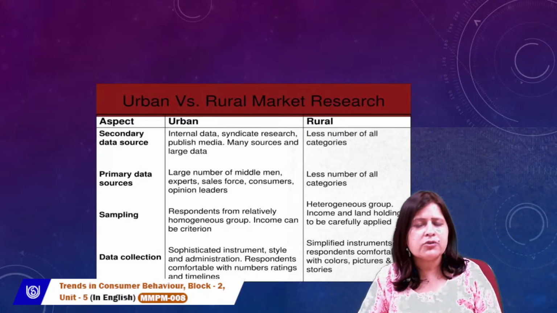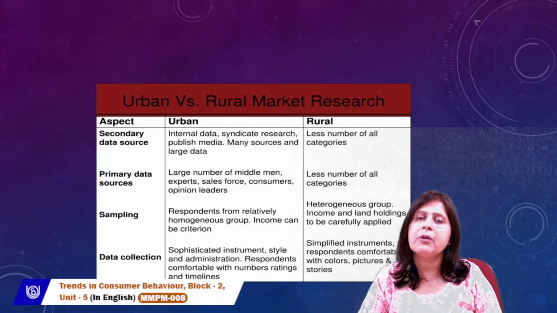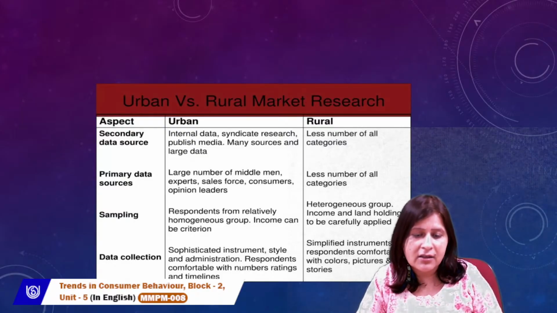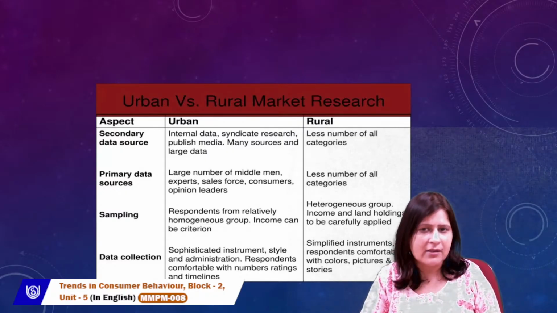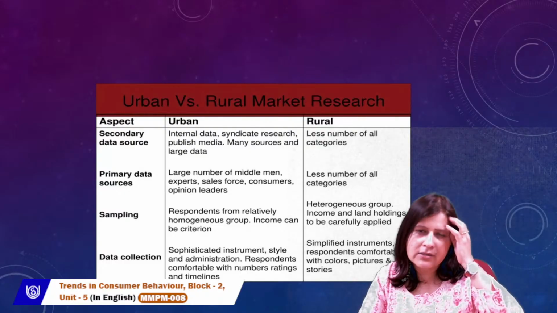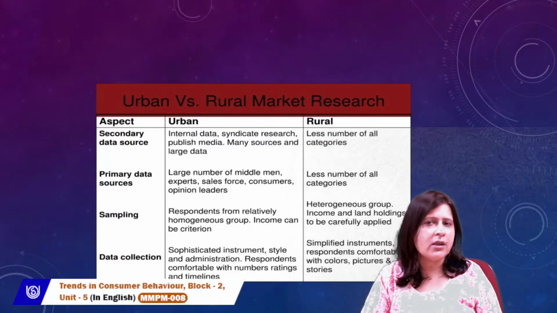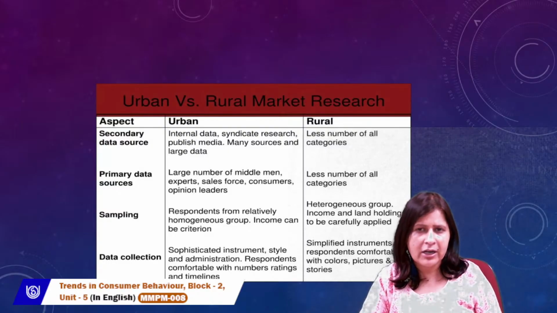Right, so the instrument should be simplified, and respondents are comfortable with colors, pictures, and stories, rather than number ratings or something else. So whenever you are planning research in urban or rural areas, choose your tools very carefully as per your area of research, right?